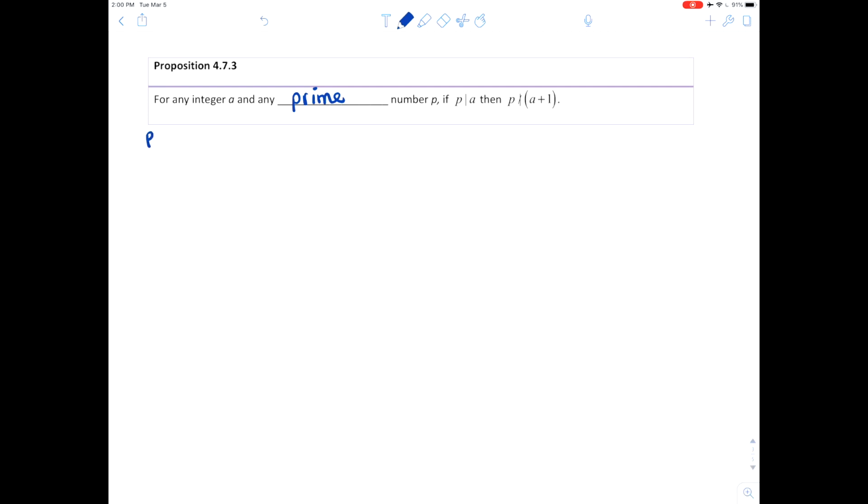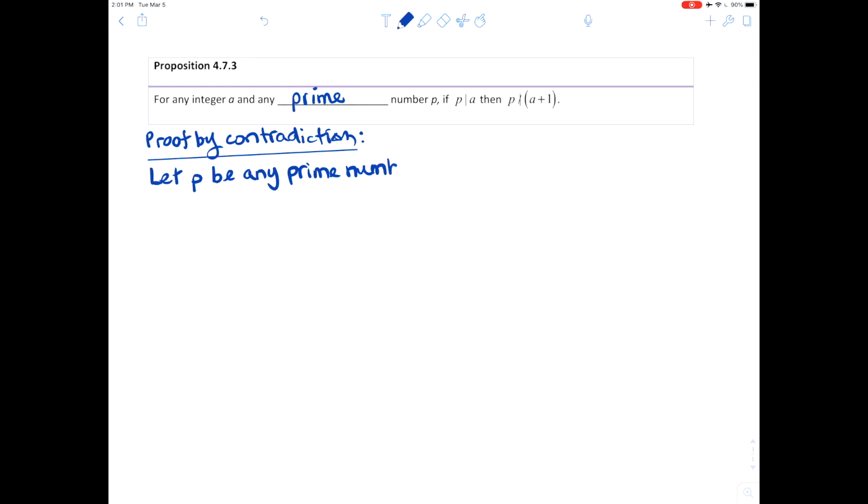So again, we'll do a proof by contradiction. Why don't we start out by letting p be any prime number, and a belong to the set of integers, right? Because that's given in our premise right here.